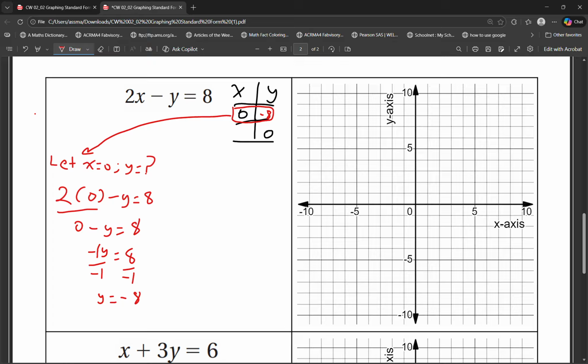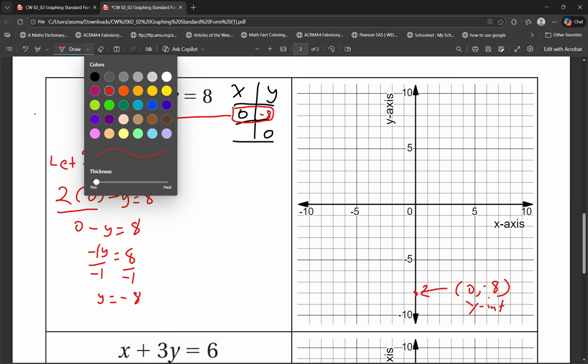So we look for negative 8, and it's negative 5, negative 6, negative 7, negative 8. It hits right there. So this is the ordered pair 0, comma, negative 8. And this is our y-intercept.